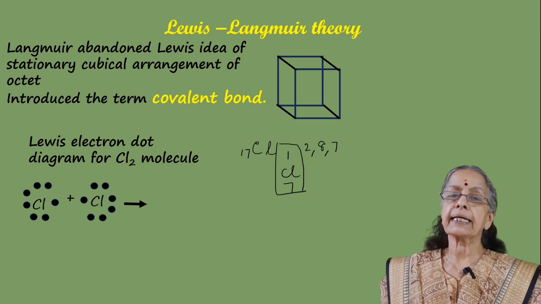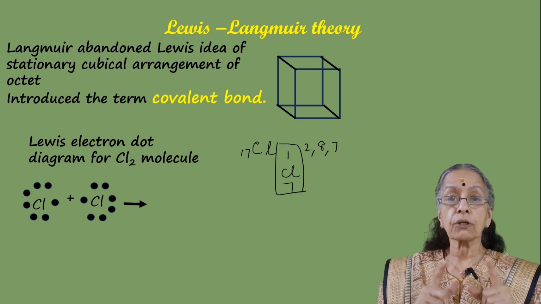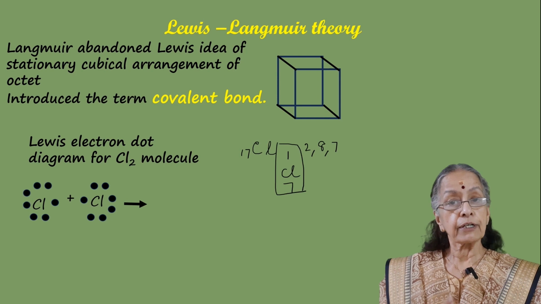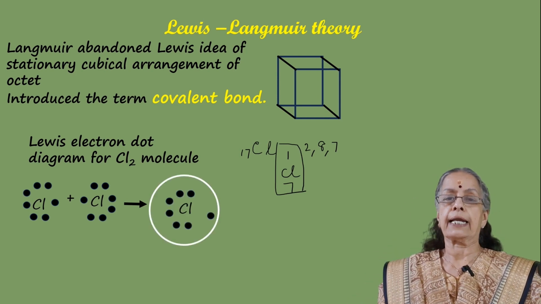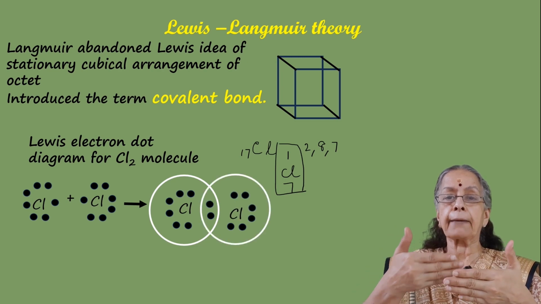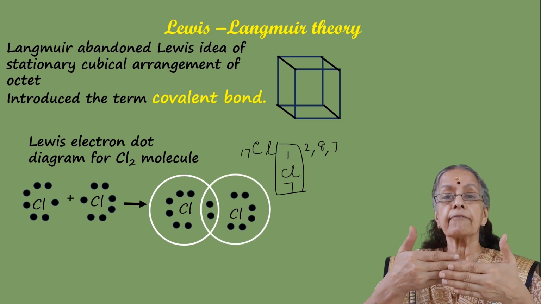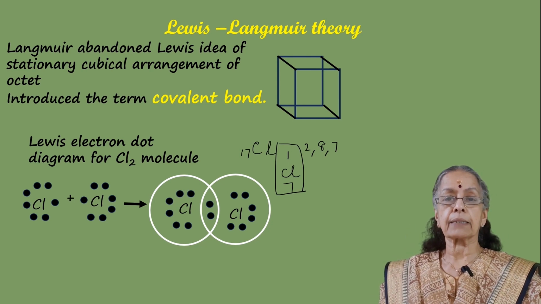How can we represent the chlorine molecule? As per the Lewis electron dot diagram, we will show the imaginary boundary of the outermost shell so that we can easily explain the overlapping of the outer valence shells. This is atom number 1 and this is atom number 2.